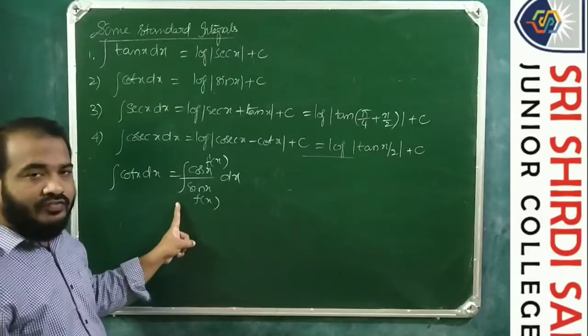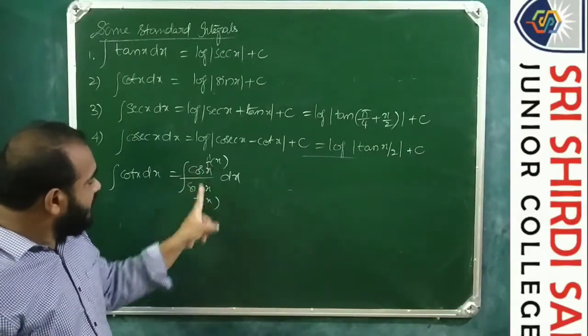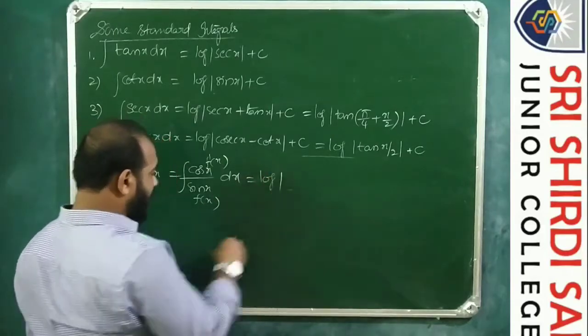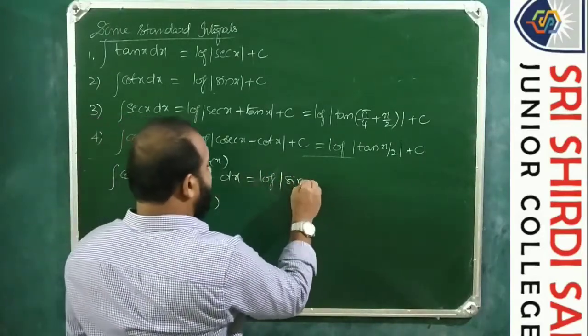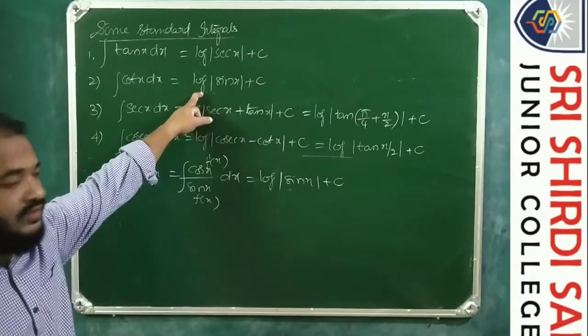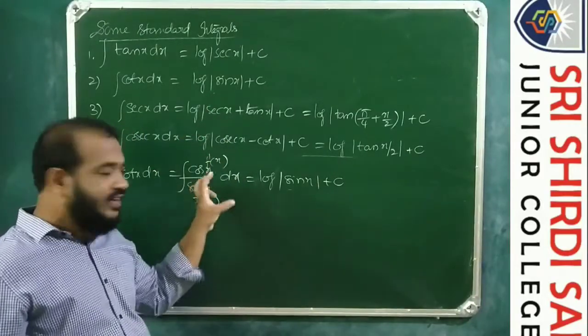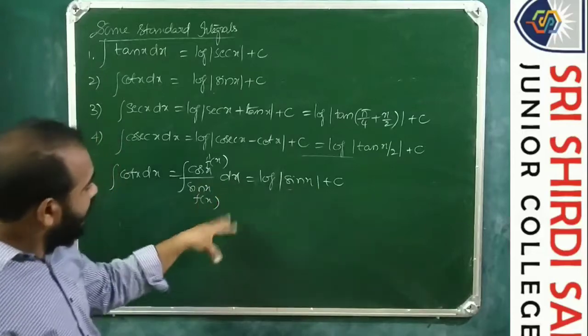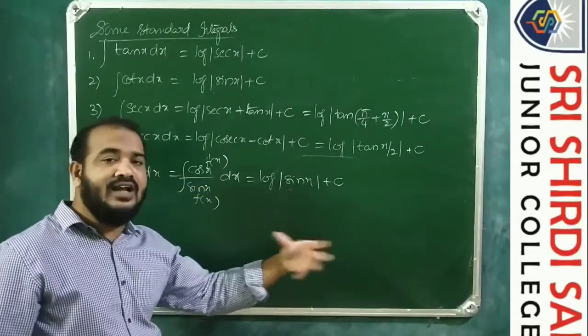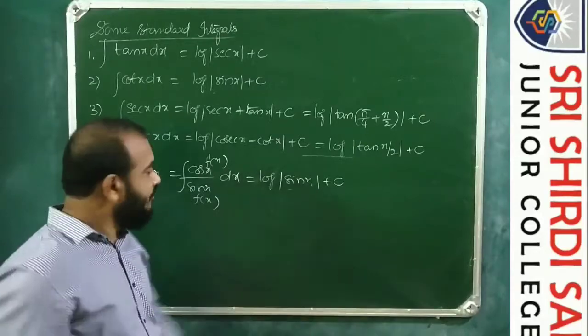It is directly of the form integral f dash x by f of x dx, which is log mod f of x. So what is f of x here? Sin x, plus c. So this is the result. Using the result f dash x by f of x dx, the steps will be reduced and we can directly evaluate the integrals.